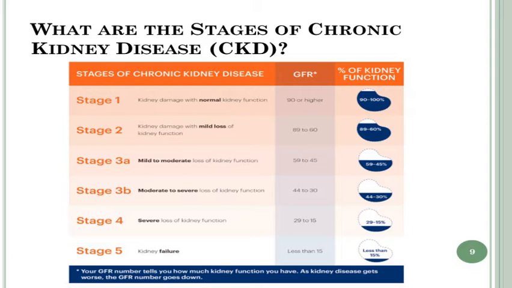Knowing your stage of kidney disease is important for deciding treatment. CKD has 5 stages, ranging from nearly normal kidney function, that is stage 1, to kidney failure, which is stage 5. Stage 5 requires dialysis or kidney transplantation.